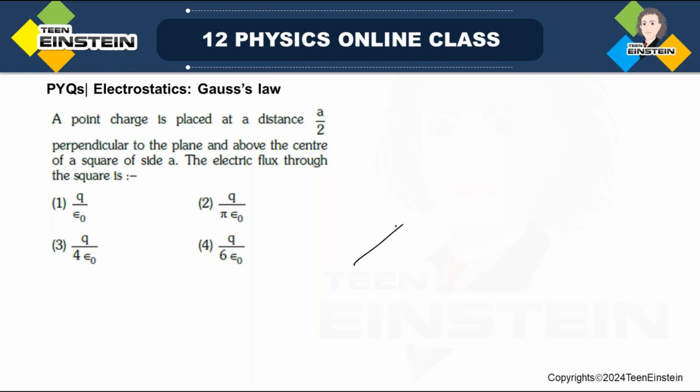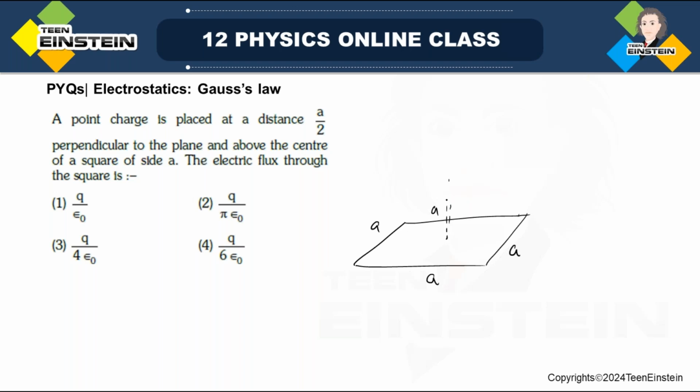That means, this is a very familiar problem to you, I guess. So suppose this is a square. Okay, these sides are A. And there is a charge placed at a distance a by 2, and this distance is perpendicular to the surface, this square surface.